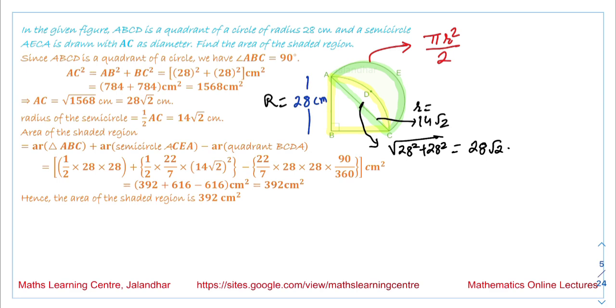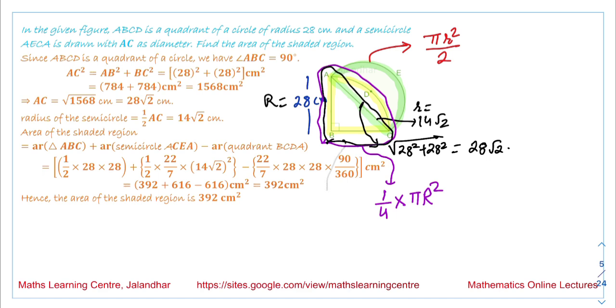Next, we are calculating the area of this sector. The area of this sector will be 1 by 4 times pi r square. Next, we are calculating the area of this triangle. The area of this triangle will be half into base into height.